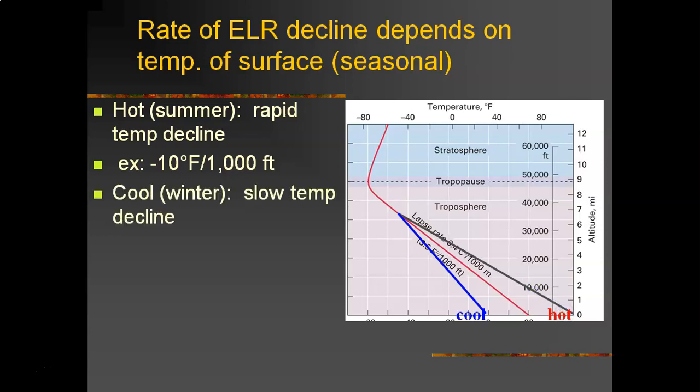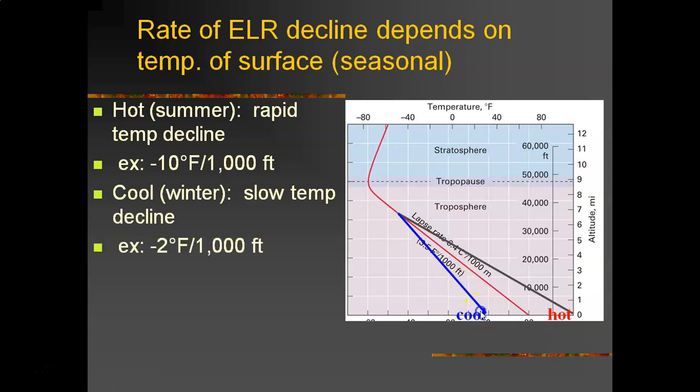Now in wintertime, the winter season, it's cooler, freezing, 40, 50, 60 degrees. So in general, the temperature is much cooler at the Earth's surface. It's cool at the surface and it's cool aloft. So rates of temperature decline are much less when the surface is already chilled.